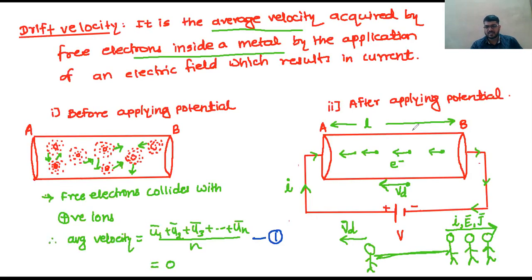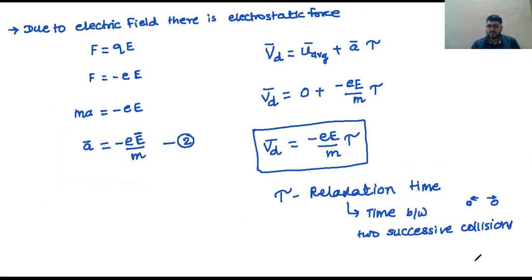As you can see in the first diagram, there is length L. Let us suppose A is the area of cross section of this conductor, and rho is the resistivity. So I am writing a note point after this. It is very important for problem solving.